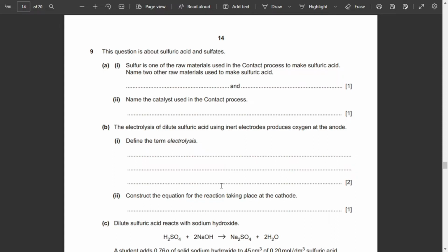Moving on to part 2, construct the equation for the reaction taking place at the cathode. Now if you look at the cathode reaction, if you construct the equation, it's going to be something like this.